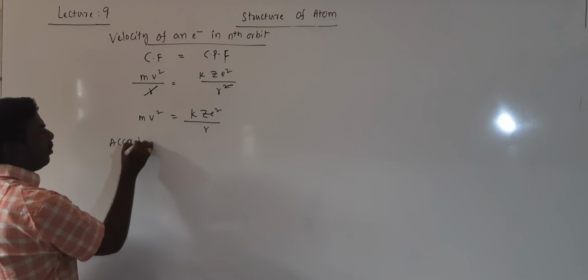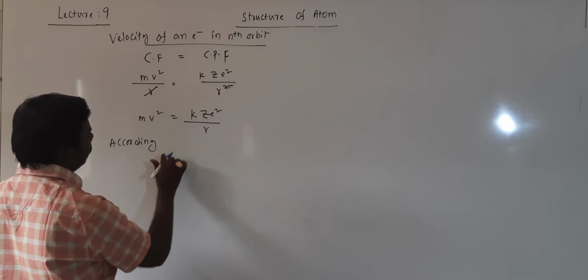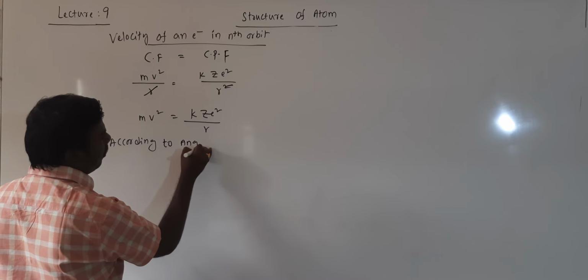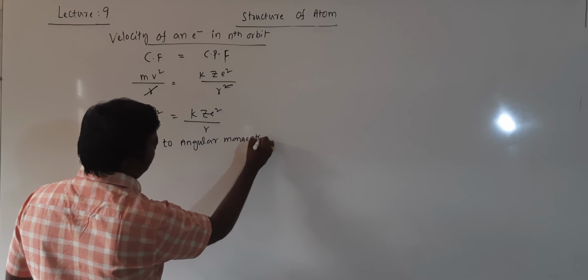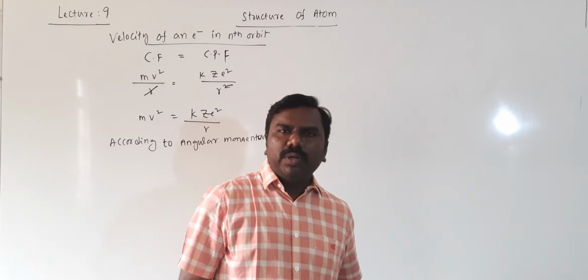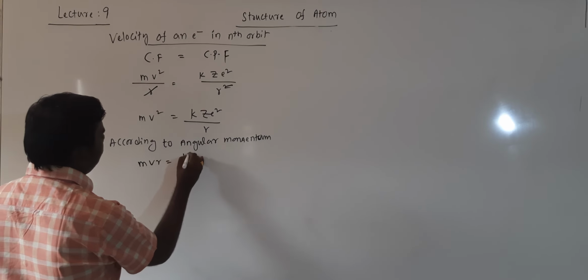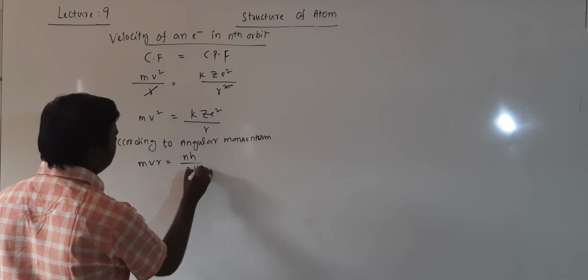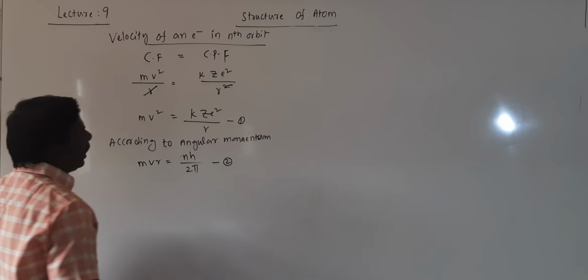According to the angular momentum of the electron, you know the formula: mvr is equal to nh by 2 pi. So this is equation 1 and this is equation 2. Then take 1 by 2.